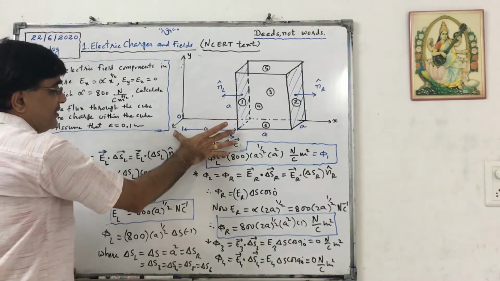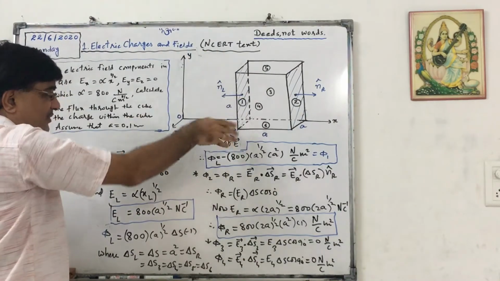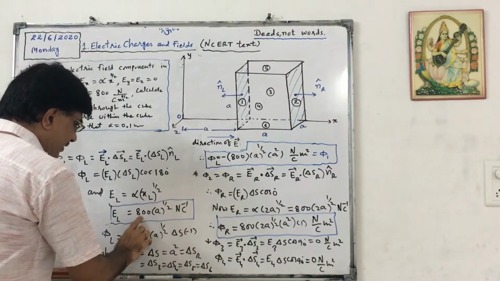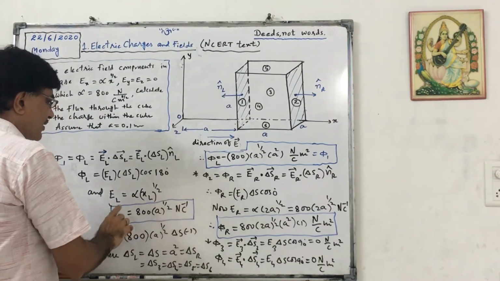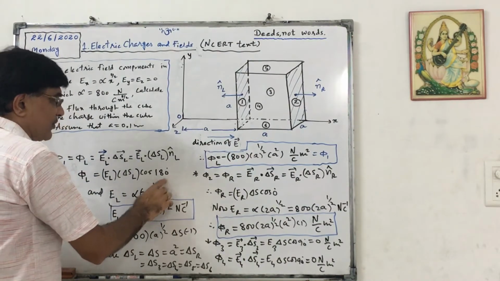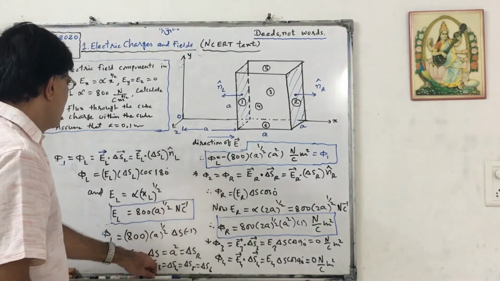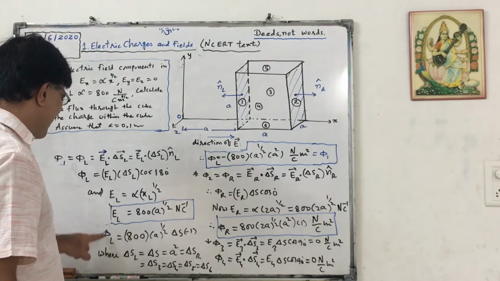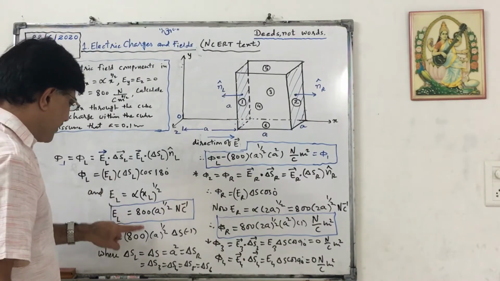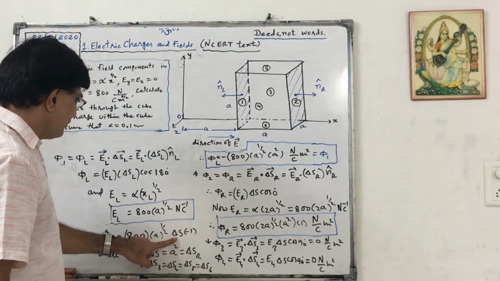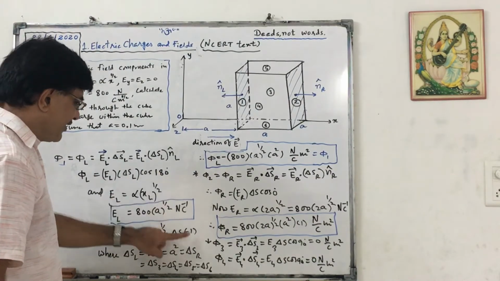For the left surface, that means surface 1, here x equals a. So I have to put alpha x raised to 1 upon 2, that is 800 a raised to 1 upon 2. So phi left equals 800 a raised to 1 upon 2, delta S for us is the magnitude, and cos 180 is minus 1.